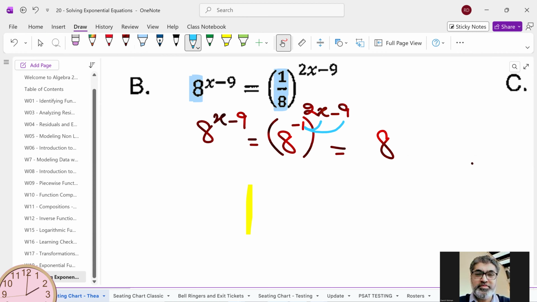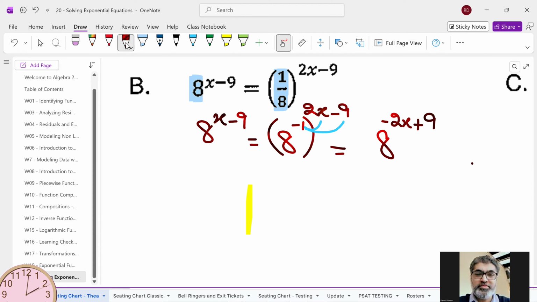The negative 1 will get multiplied with 2x, and that will give you negative 2x, and then plus 9. Plus 9 or minus 9? What do you think? Negative or positive? Positive?